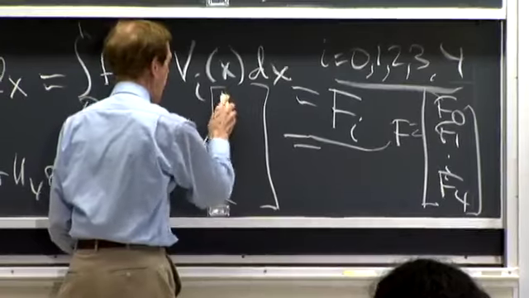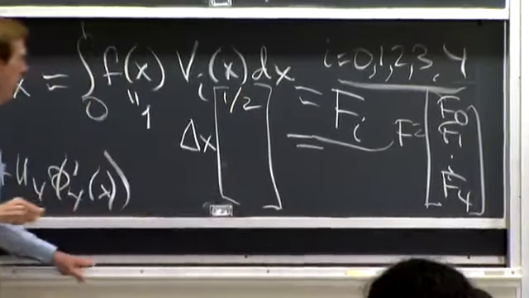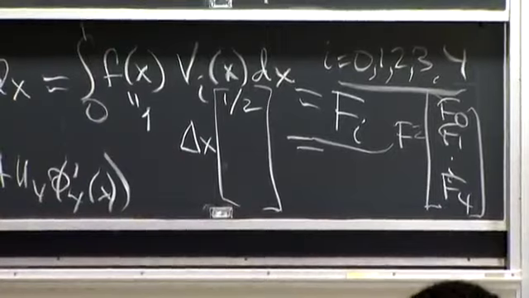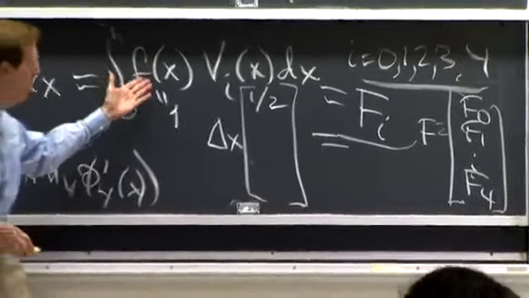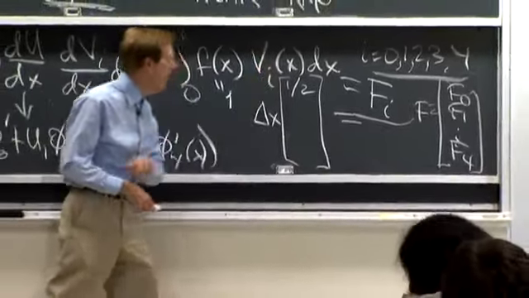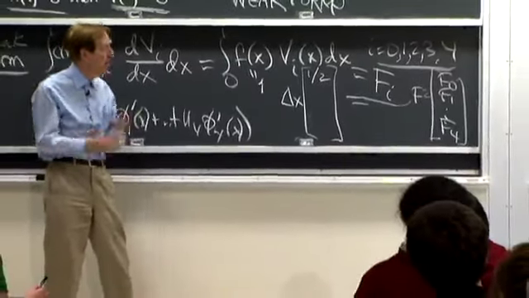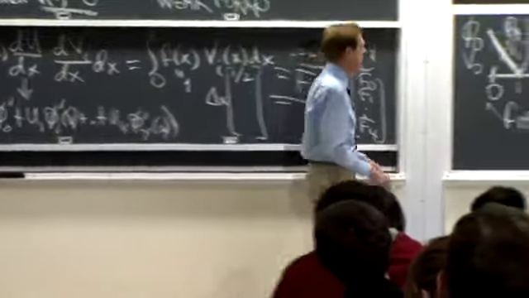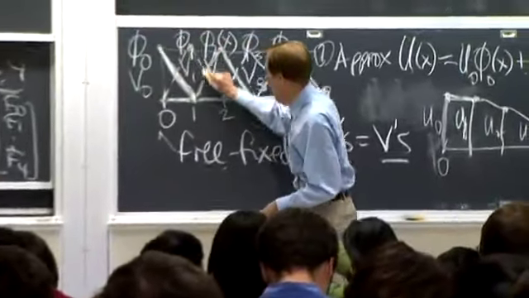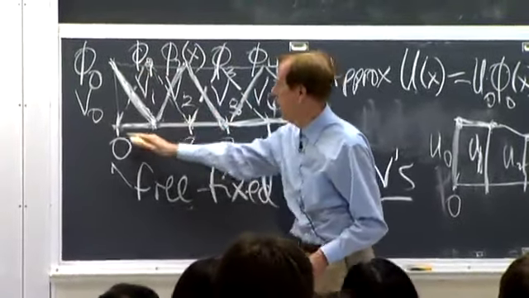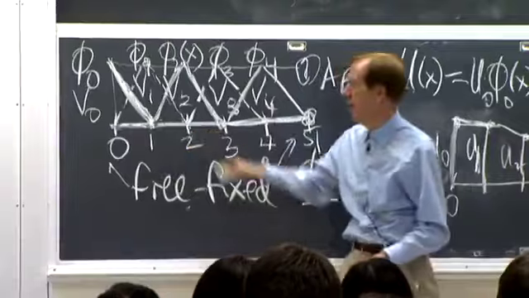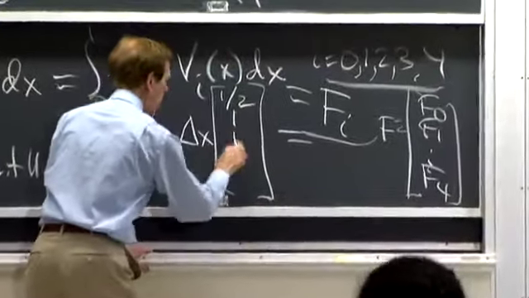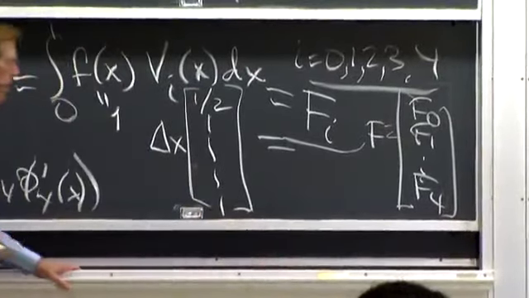I think there's a half there. And then what about f1? What's the integral of this times v1 of x, the next v? It's the area under this dashed function, which now has a base of 2 delta x, so I get a 1. Is that right? I get a 1, 1, 1, 1.